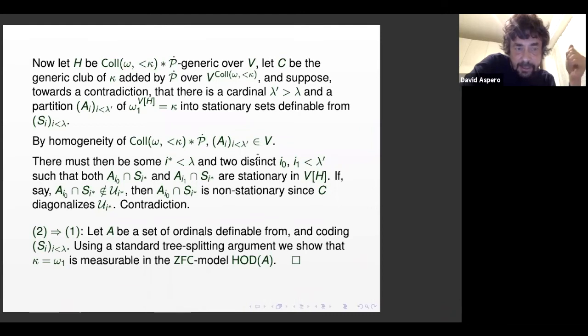Say that A I0 intersection S I star is not in the measure, but then this set is non-stationary since C was diagonalizing the measure.